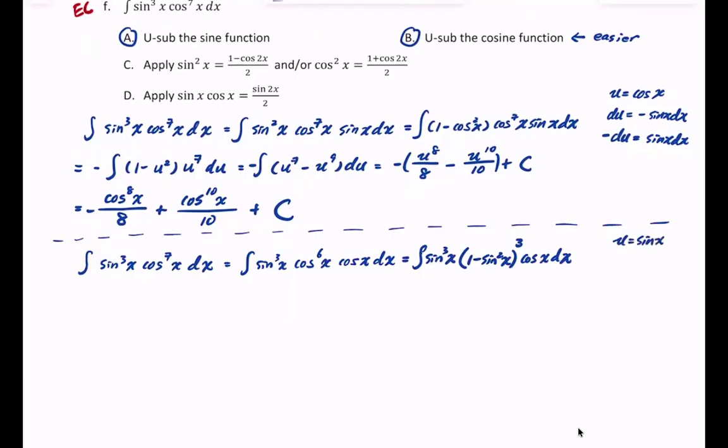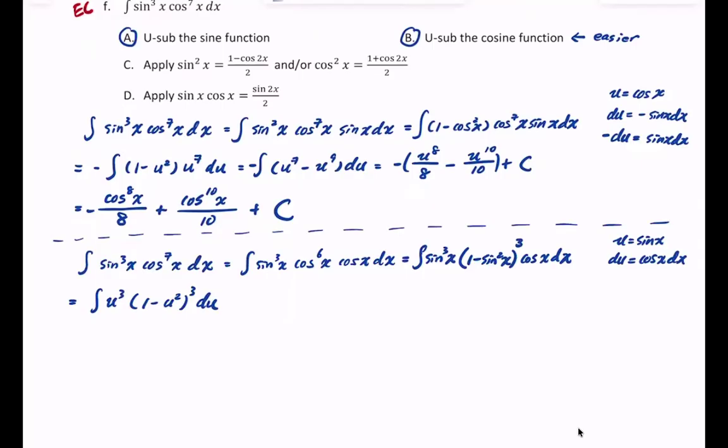So the advantage is we don't have to deal with the negative sign. Well, you do have to expand this cube, unless you remember that formula.